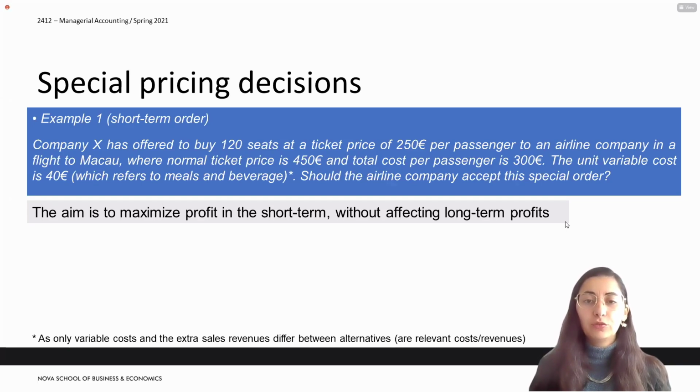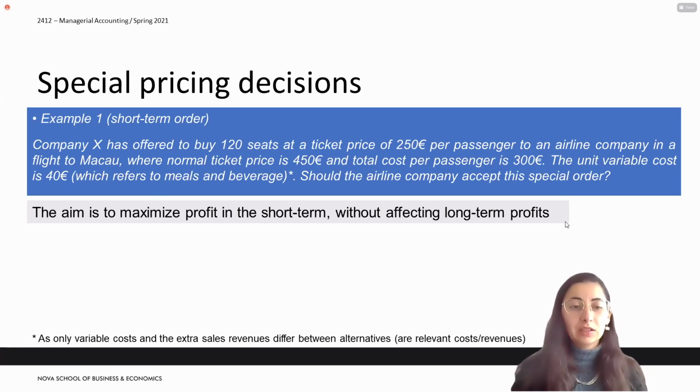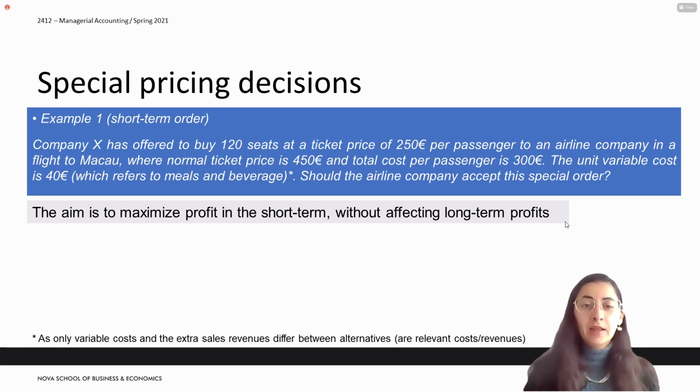Normally we sell these tickets at 450 euros. Now, the unit variable cost is 40 euros, which refers to meals and beverage. The question is, should the airline company accept this special order?